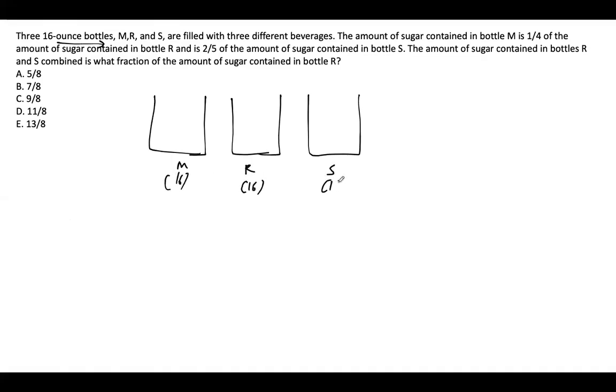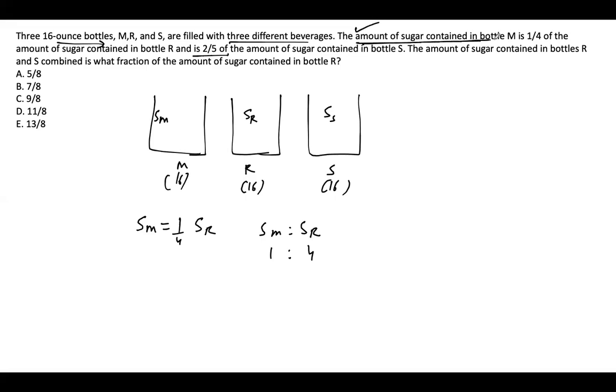The amount of sugar contained in bottle M is one fourth of the amount of sugar contained in bottle R. Let's say sugar in R is SR, sugar in S is SS. So SM is to SR is 1:4.